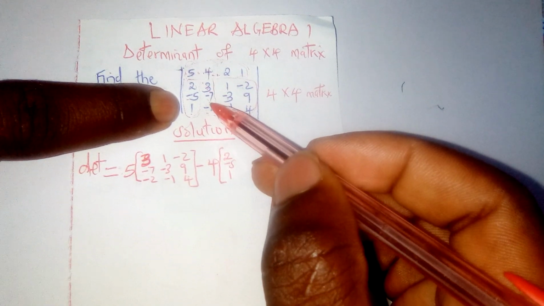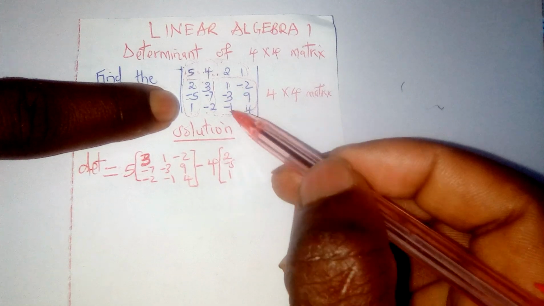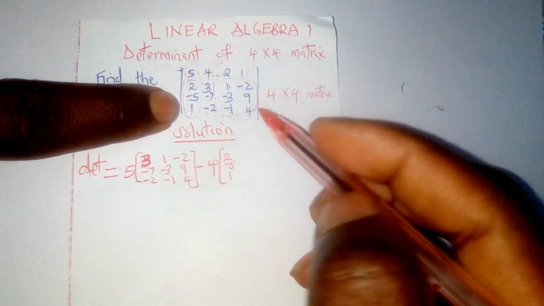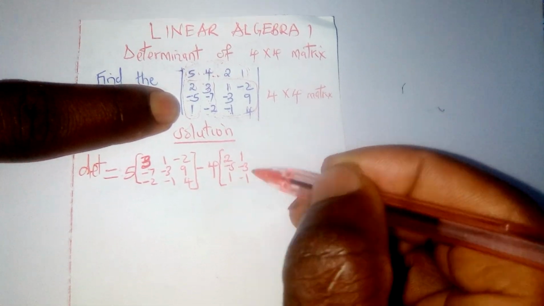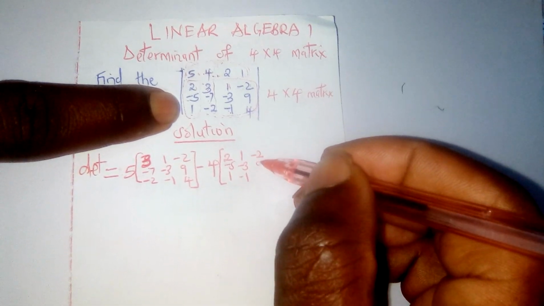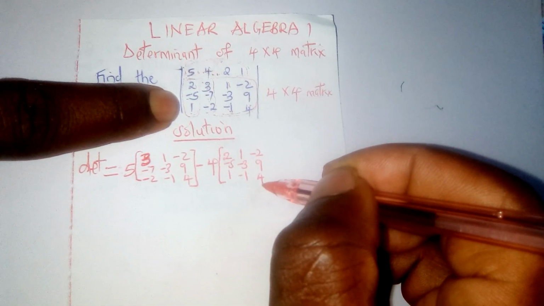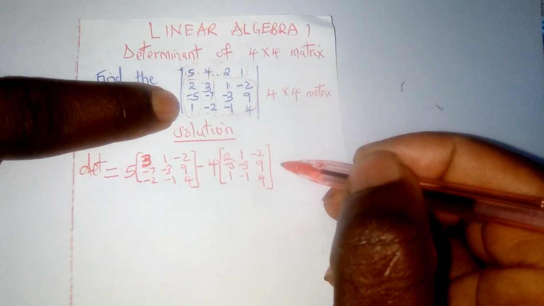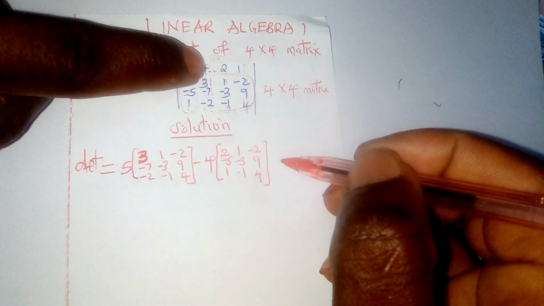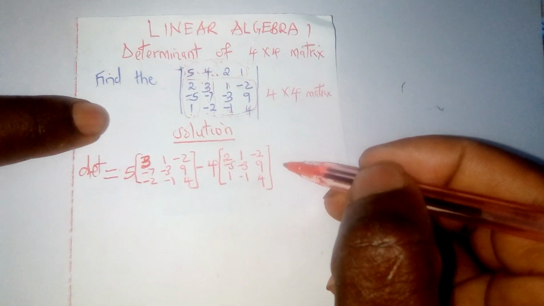Then I'll write the remaining, that is 1, negative 3, negative 1, as well as negative 2, 9, and 4. Now you shall have gotten the matrix that remains under 4.